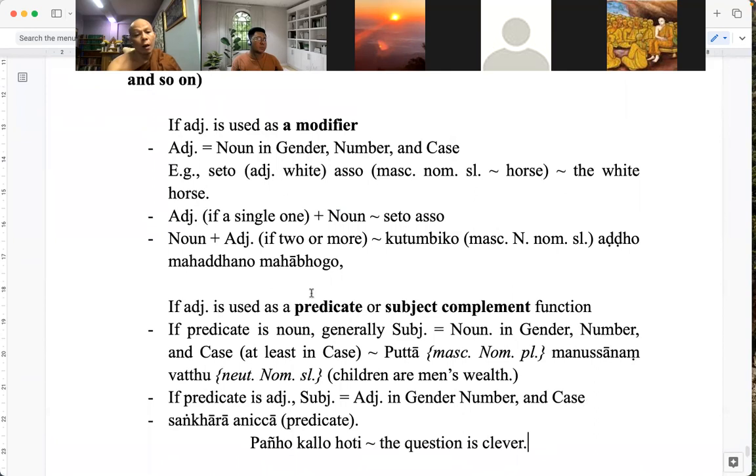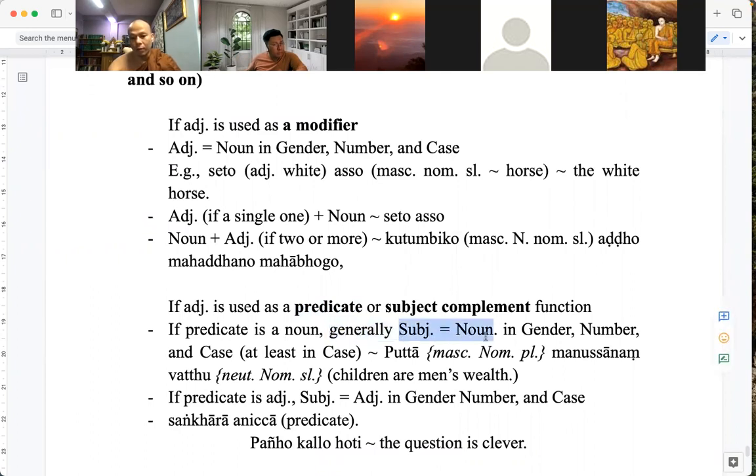So, the predicate function can sometimes be a noun or an adjective. In the same way, the subject complement also. So when the predicate is a noun, generally the subject and that noun can be the same in gender, number, and case.